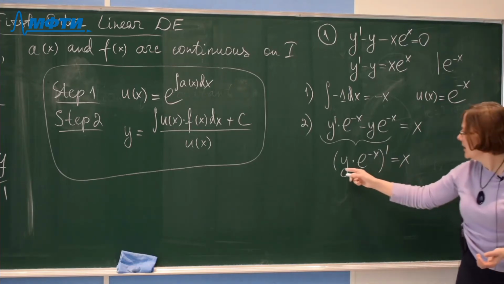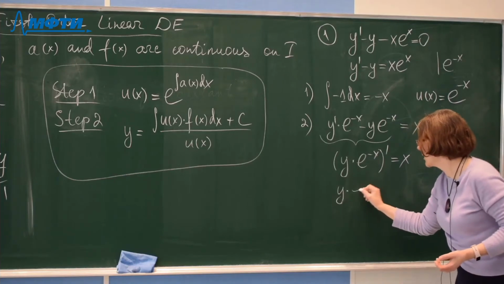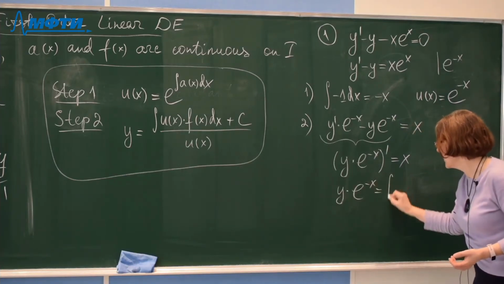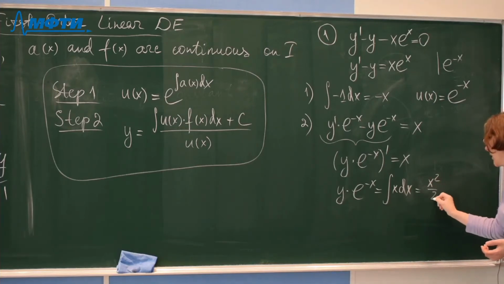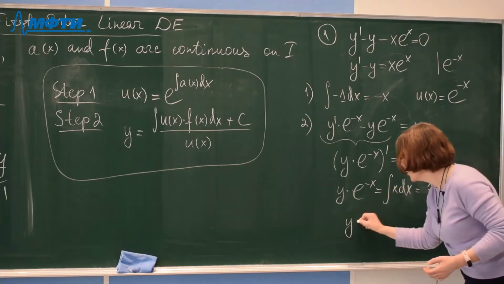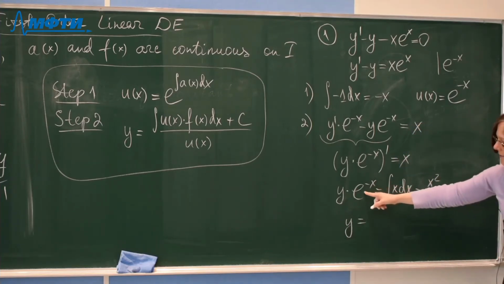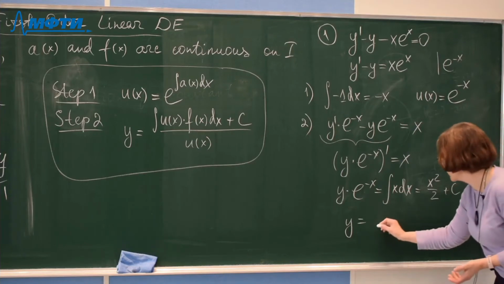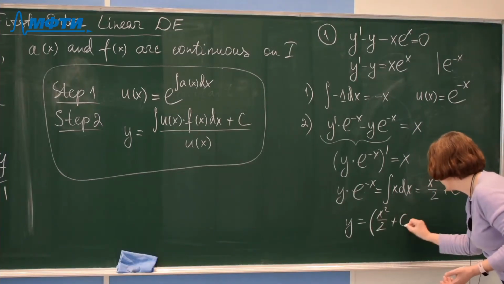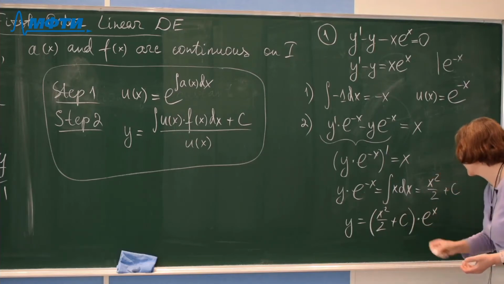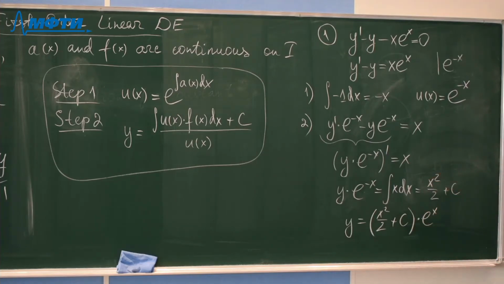So y times e to negative x equals the integral of x dx, so it is x squared over 2 plus c. And then to find y, we should multiply both parts by e to x. Y is equal to x squared over 2 plus c, times e to x. Right, I hope it's clear.